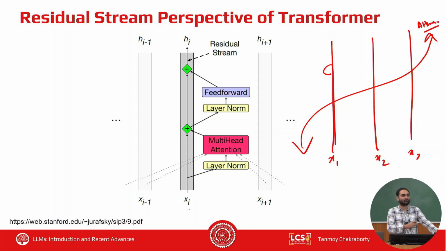In fact, if you do some more segregation, you see that this residual stream is nothing but, at every layer L, let's say HL, the output of the layer L is nothing but HL minus 1's output plus attention at L plus multi-layer perceptron's output at L. Okay, if you are not very convinced with this, I request you to bear with me here. Just assume that it happens, and then in later classes I'll tell you why this is correct.